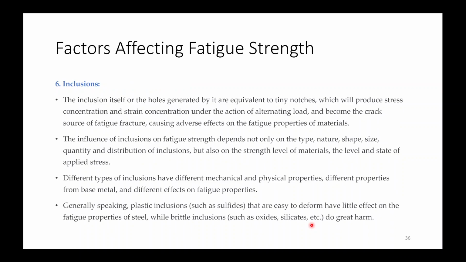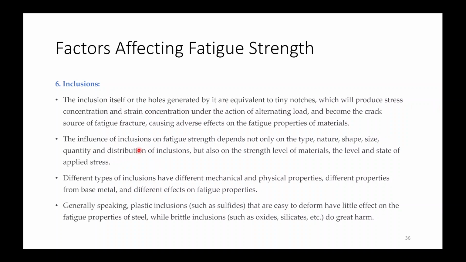Now, in case of inclusions, they can form holes because of them. They are equivalent to tiny notches which will produce stress concentration and strain concentration under the action of alternating load and become the crack source of fatigue fracture, causing adverse effect on the fatigue properties of materials.